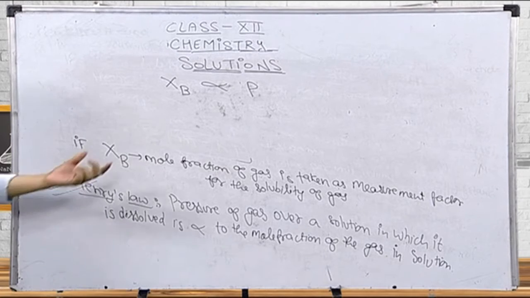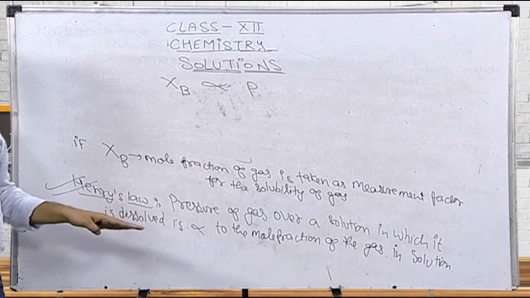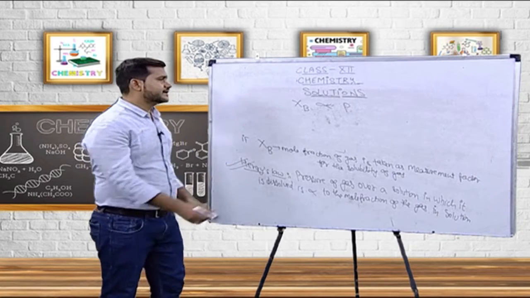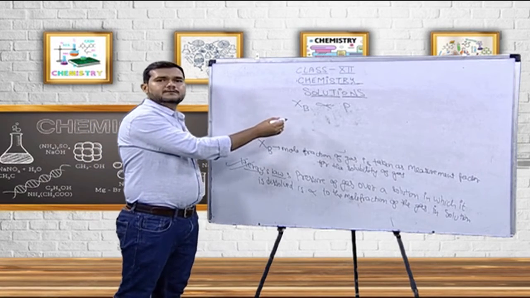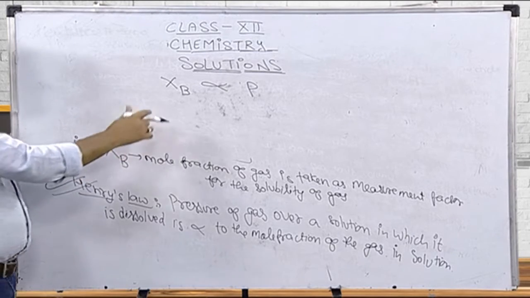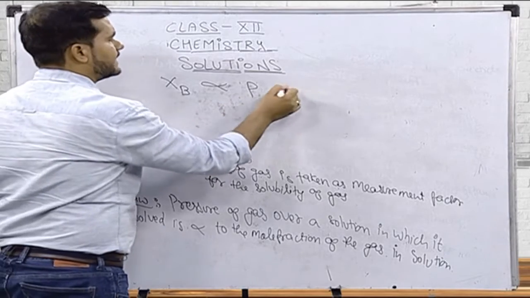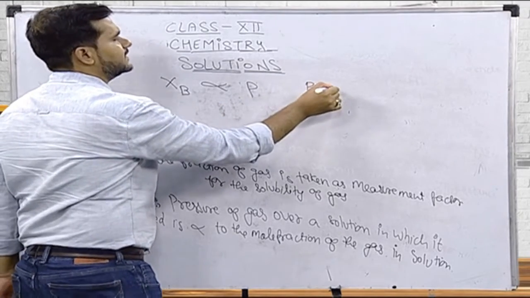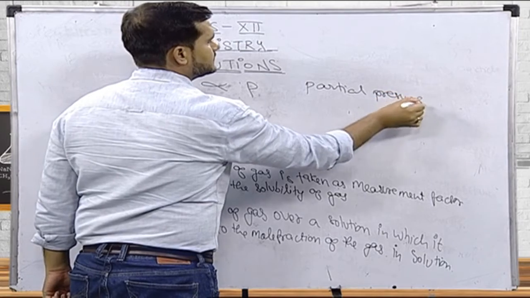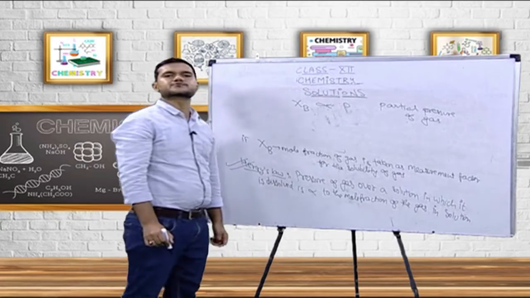That means the more molecules of gas present in the solution, the more pressure they will exert. What is P? P is the partial pressure of the gas, meaning the pressure which the gas exerts in solution.